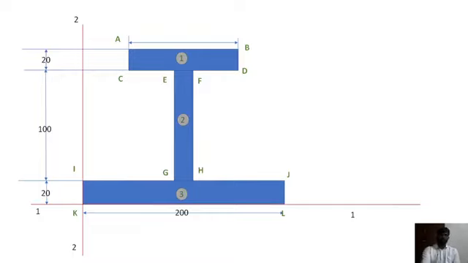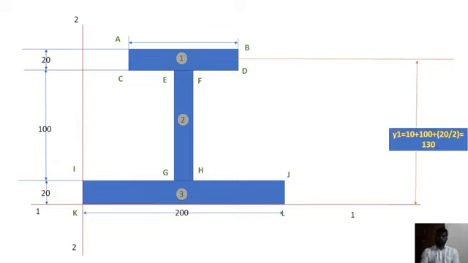First y1: from the reference 1 1 we are going to find the center of gravity of the first rectangle, that is the ABCD rectangle. We know the formula to find the center of gravity of a rectangle is d by 2.